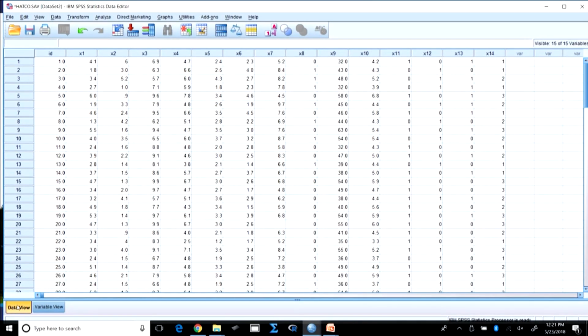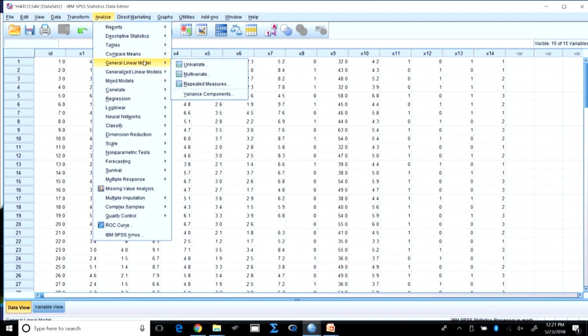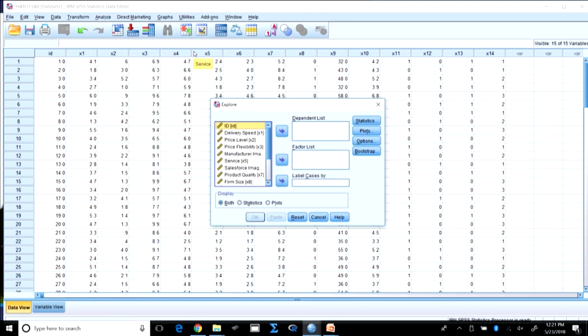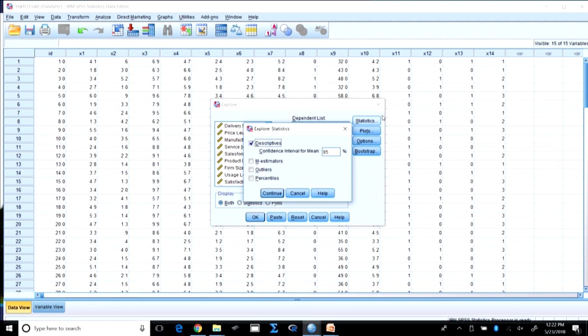Now, how do I go for the non-parametric test? First of all, you check whether the data is following normality or not. How do I check? I will go to Explore and take one of the variables, let us say price flexibility.